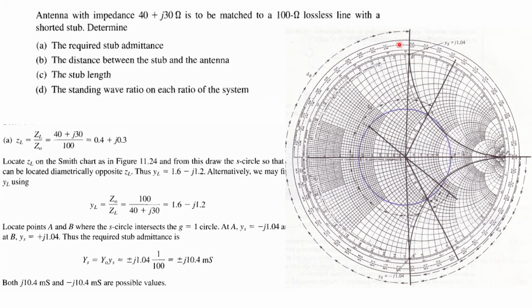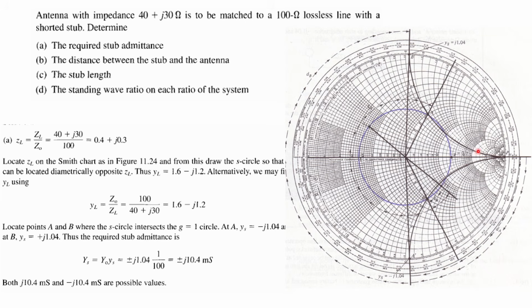One is plus jB and the lower one is minus jB, for your stub. If you include this stub, it will cancel out the extra j values, the complex quantity in your admittance.